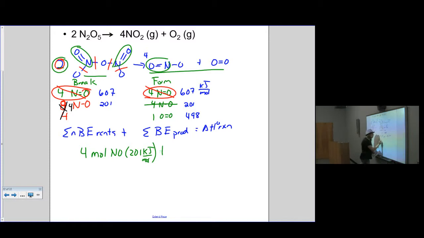And then, remember the formula is plus, I'm going to have to now release energy when this bond is formed.